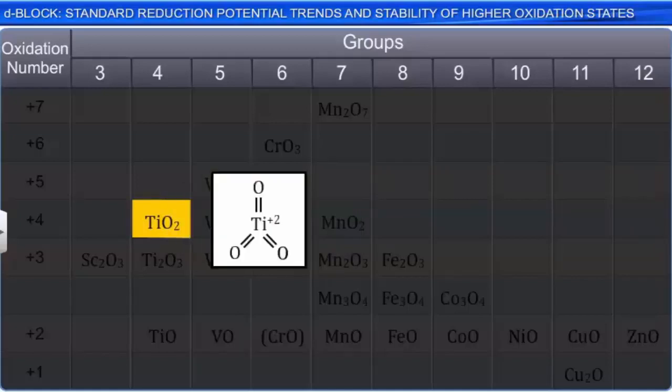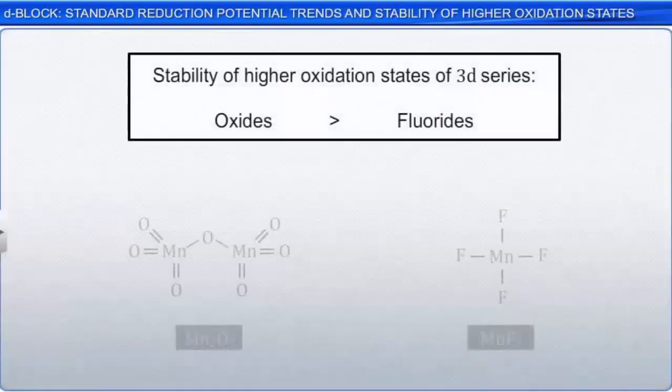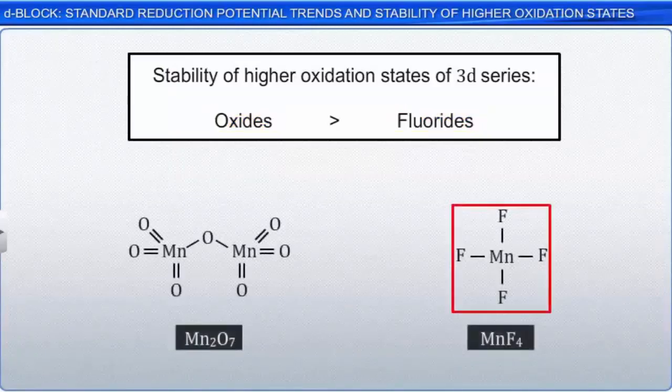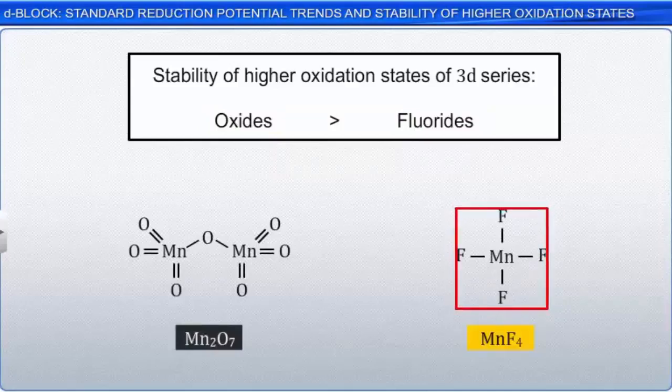Oxygen exceeds fluorine in its ability to stabilize higher oxidation states. Thus, the highest manganese fluoride is manganese tetrafluoride, while the highest oxide is manganese heptoxide.